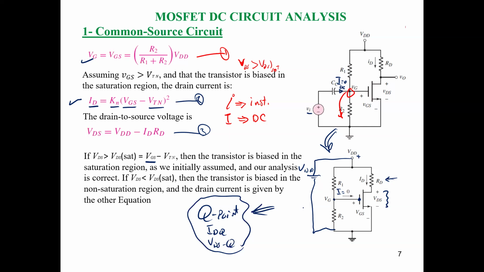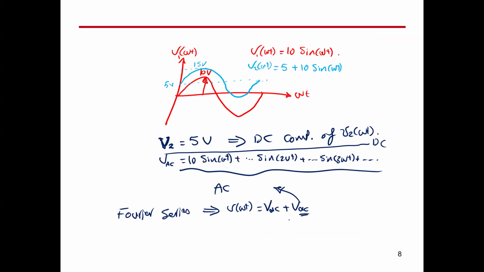We use the DC analysis to get the Q point parameters, and then we use the AC analysis, which depends on the values of IDQ and VDSQ. So we can say that DC analysis is a preliminary calculation for any other application of the MOSFET.